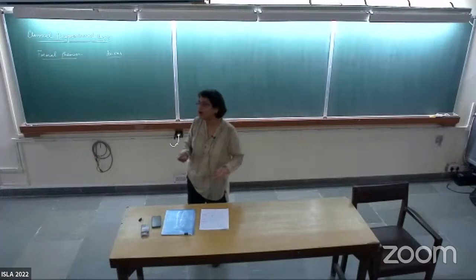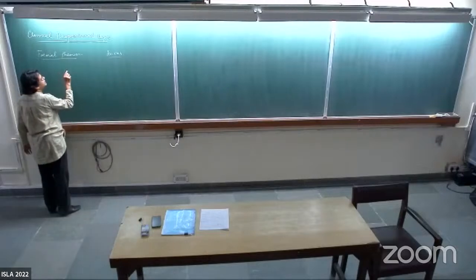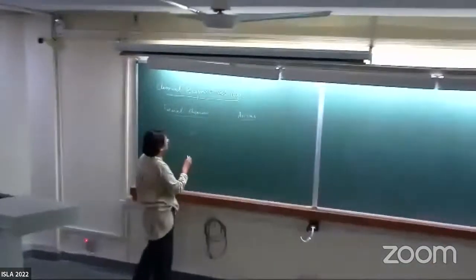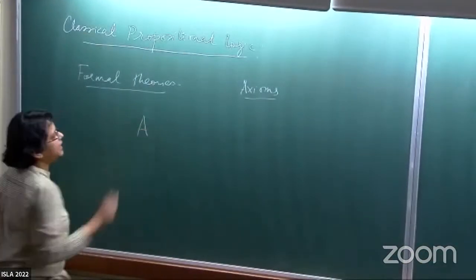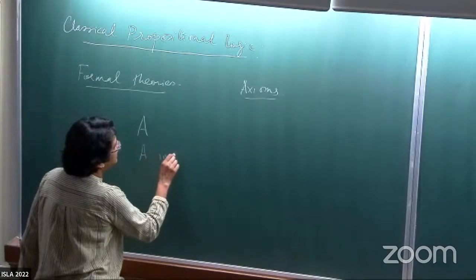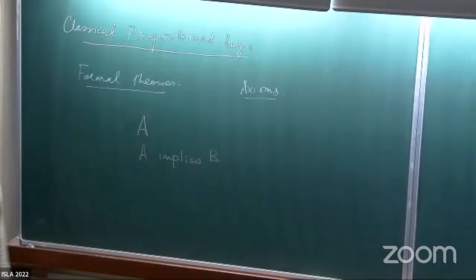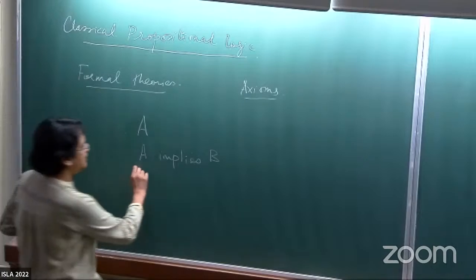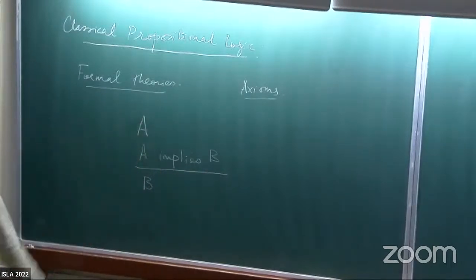Okay, like what? So one example will, I think, instantly catch your attention, which is that if you say that a statement A holds and the statement A implies a statement B, then usually what would we conclude? The statement B. So if I use this kind of notation, this is looking like a rule of inference, right?